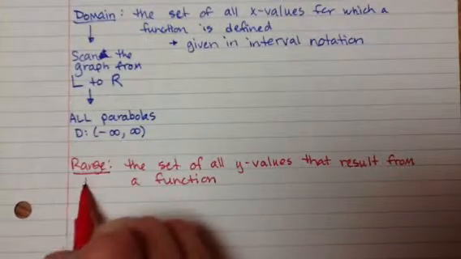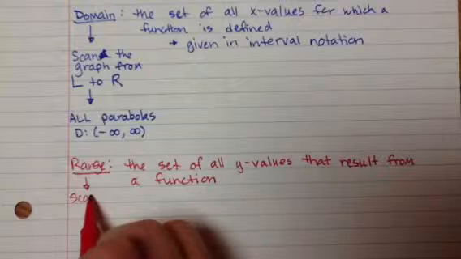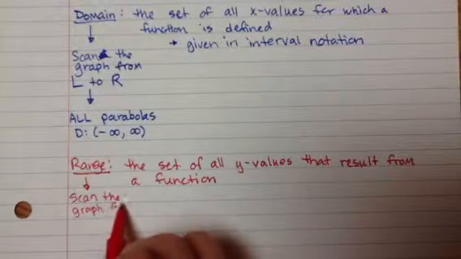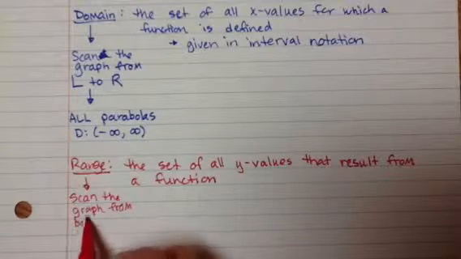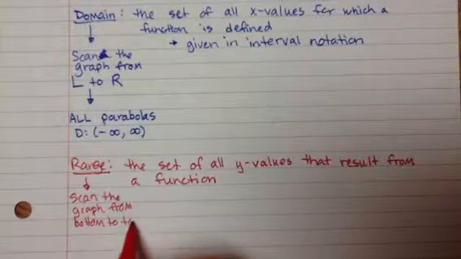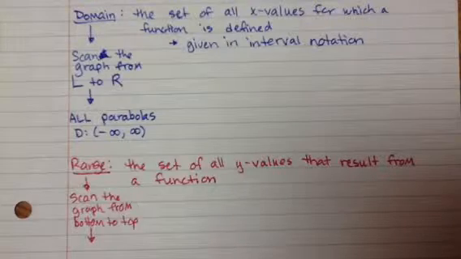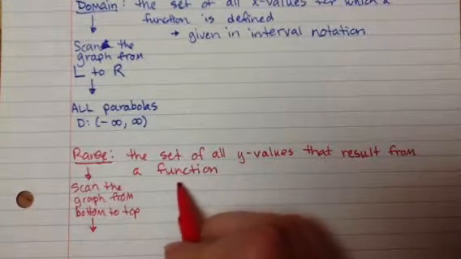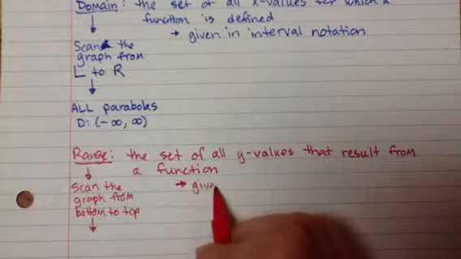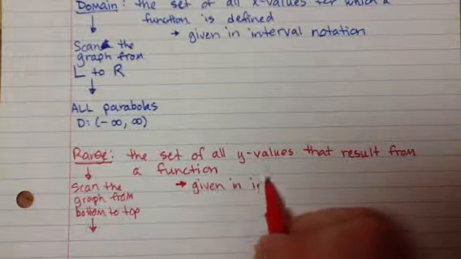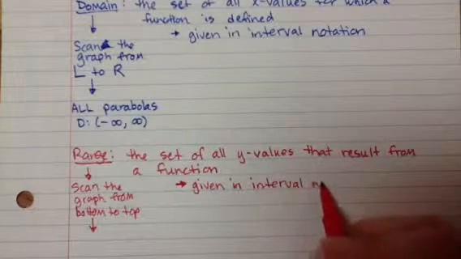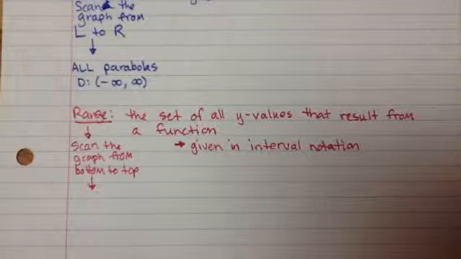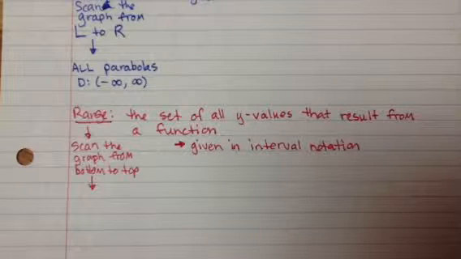The way that we find range given a graph is that we scan the graph from bottom to top, and we give that answer also in interval notation. Now the range is going to be different for each parabola.